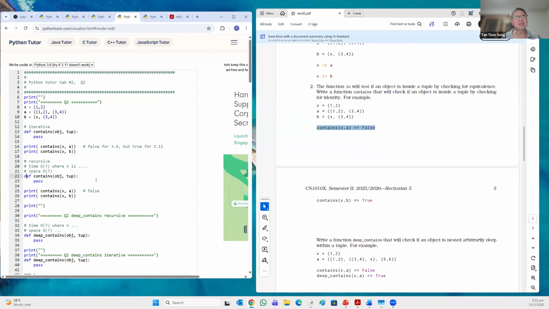Iterative is also a recursive. Okay, iterative, most of you got it correct.